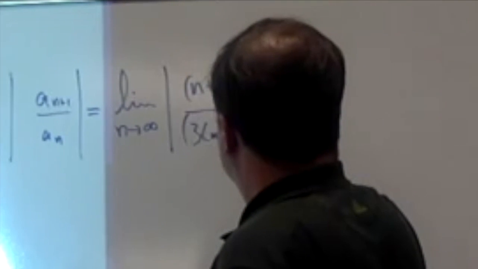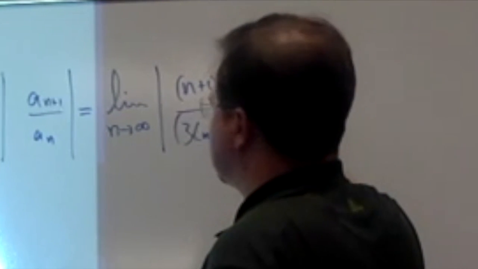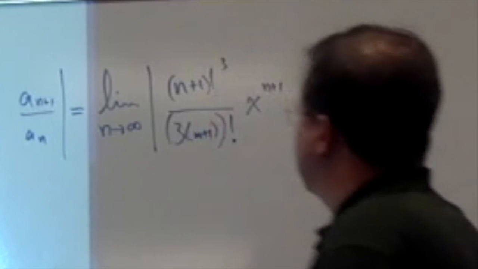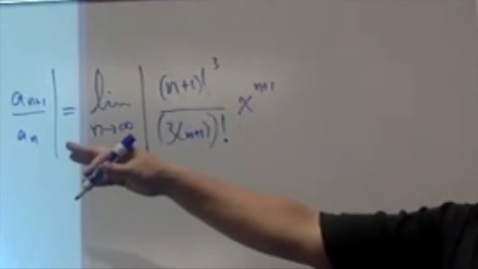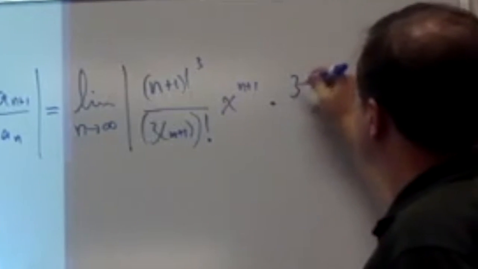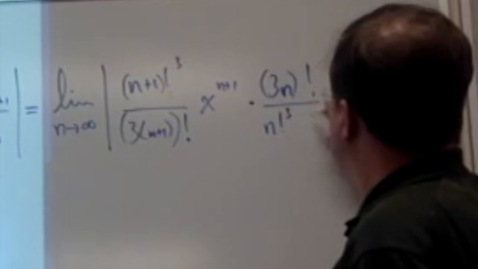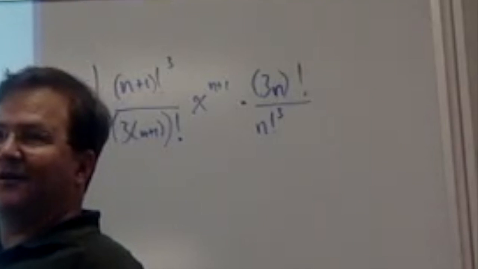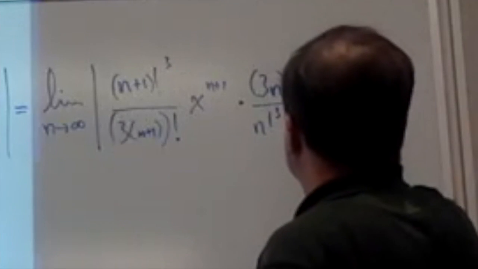So n plus 1 factorial cubed over 3 times n plus 1 factorial times x to the n plus 1, divided by that, which is the same thing as multiplication by the reciprocal. Think of this x to the n as being in the numerator. So this would be like 1 over.